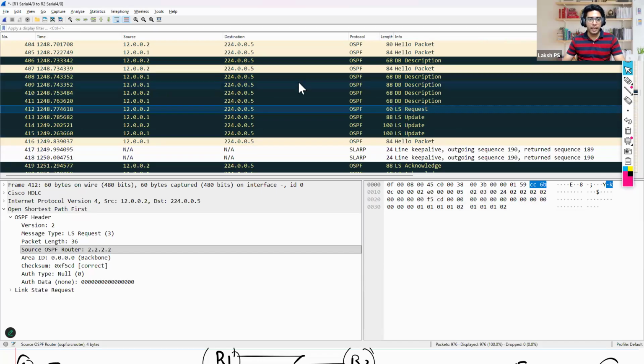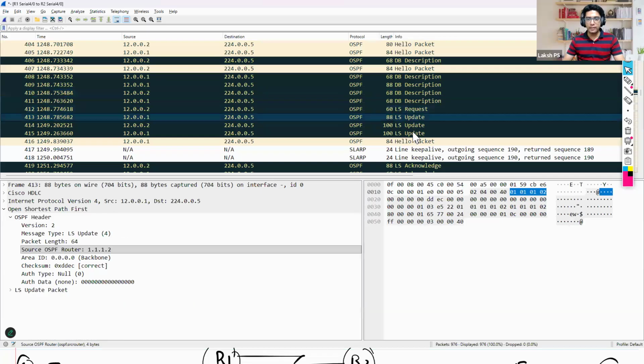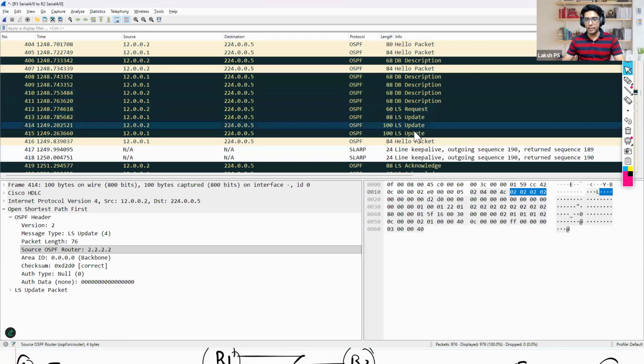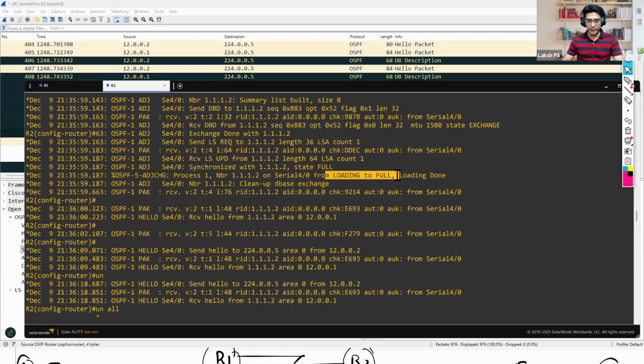Here you can see they are exchanging DBDs, and now in the loading state they are exchanging their whole database. And once the whole database is exchanged, the two routers move from loading to full state. Okay, so this is what happens when you create OSPF between the two routers.